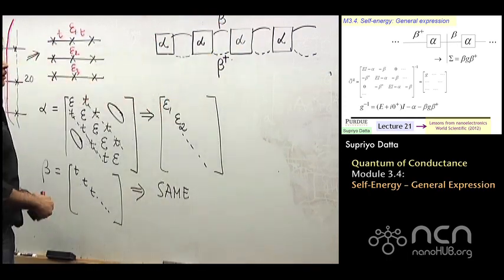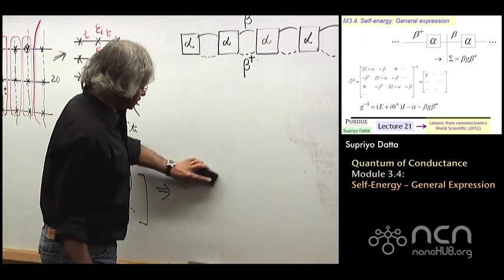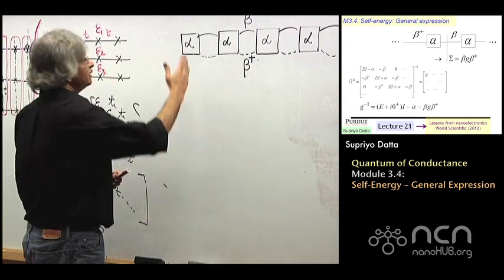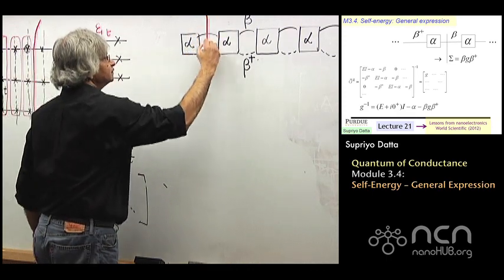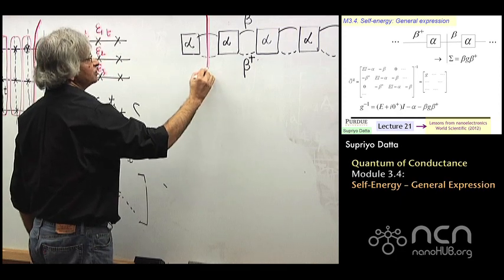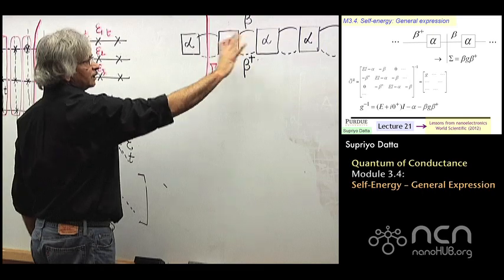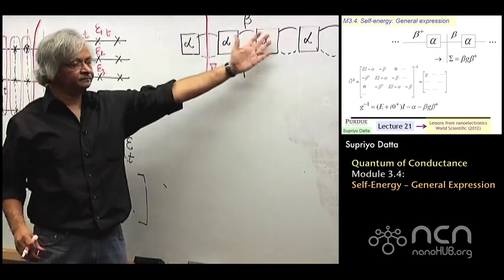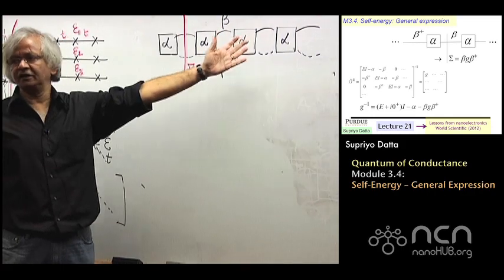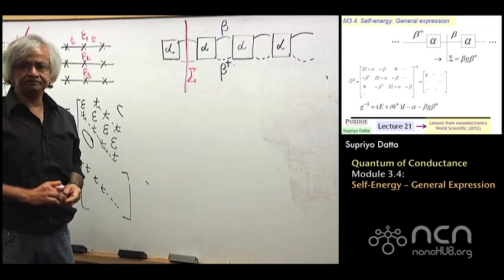Now the question is, let's say to the left of this is your actual channel, and what you're trying to figure out is a way to write the sigma that will take into account this entire contact. You've got this long infinite contact, and you'd like to write down an appropriate sigma so that you can do it.